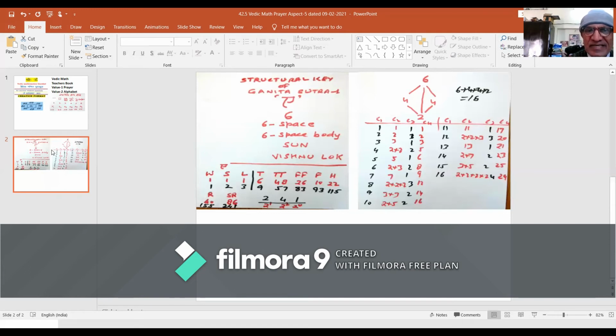Now, 6 space domain will give us a split as a pair of 4 space domains and 2 space as its dimension of dimension state.